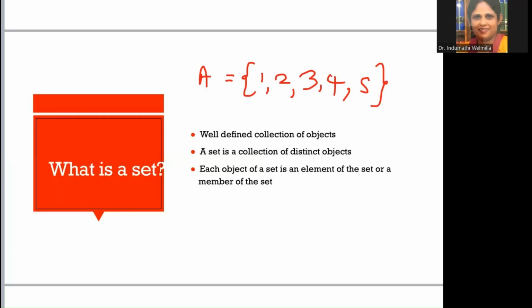There are various notations to represent the elements of a set. Sets are usually represented using roster form, set builder form, or statement form. Shall we look at them one by one?